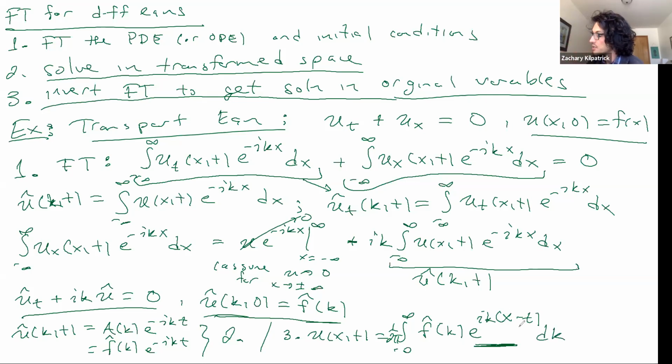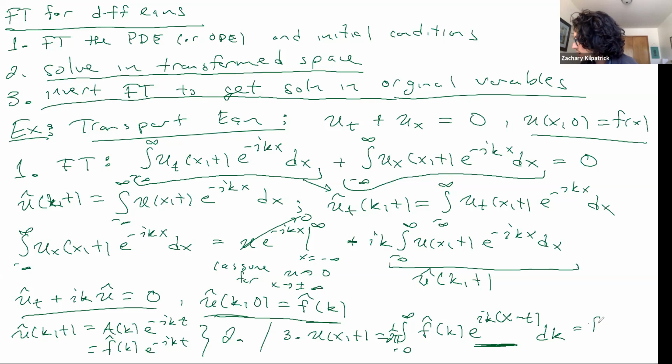Anytime there's a shift in the complex exponential, that appears as a shift in the function that you're inverse transforming back to. So notice this x minus t here, the shifting. You can show that this should show up just as a shift in f of x minus t.